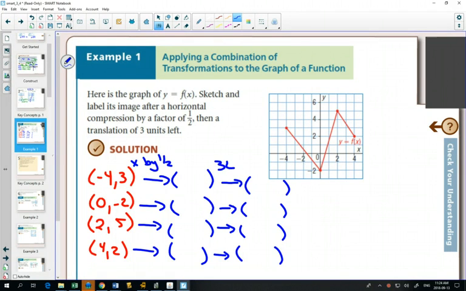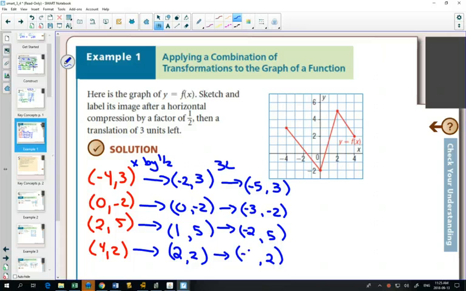Since everything is horizontal, now my y values are not changing. Multiplying x by half. And then when moving 3 to the left, my y values won't change, but my x values will: -5, -3, -2, -1.